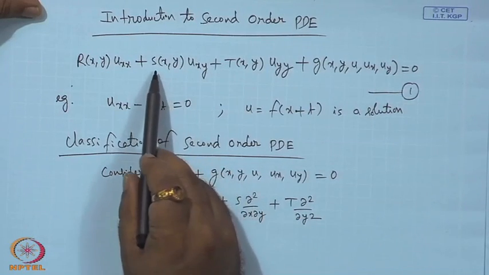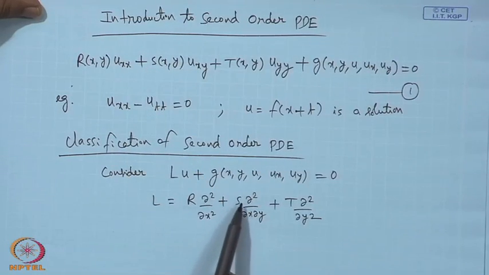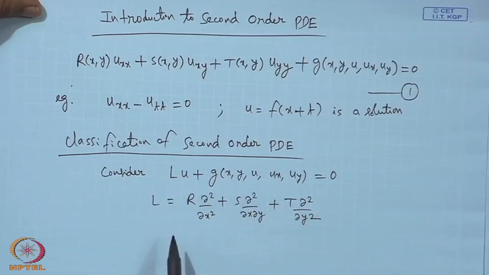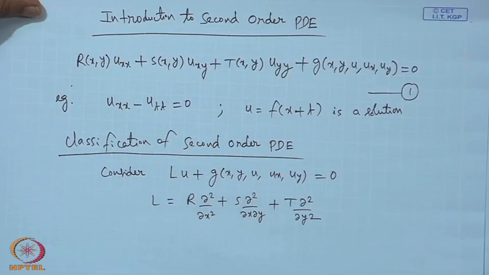I would like to draw your attention, some books put a 2 there, but I am considering just S instead of 2S. Accordingly, things would change a bit. Now what do you mean by classification, and how do we get the solution once we classify?